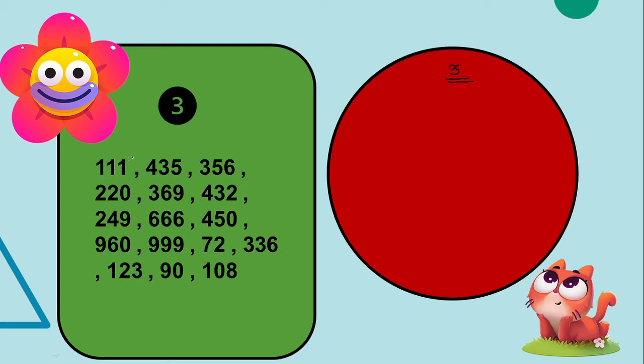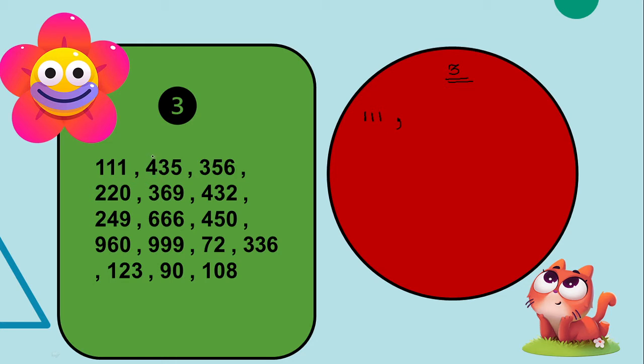And if that sum comes in the table of 3, then we can say that the number is divisible by 3. Now let's add 1 plus 1 plus 1. We get 3, which is already in the table of 3. So the first flower which enters basket 3 is 111.